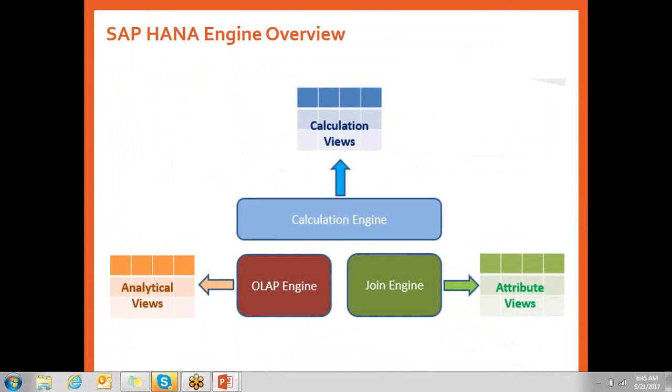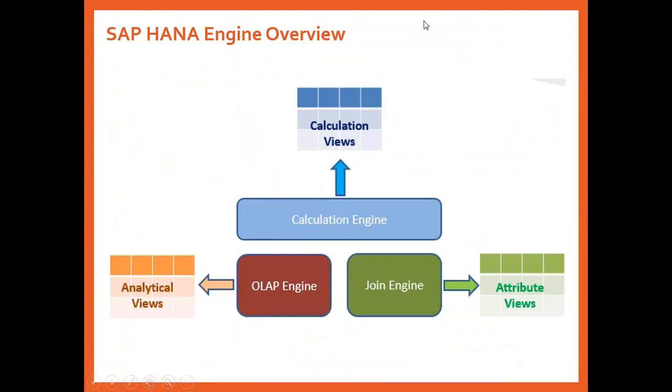You can create a calculation view in two ways: one is the graphical model, and the other is script based. The graphical model is drag and drop, and for script based we write SQL script. That is one of the concepts.